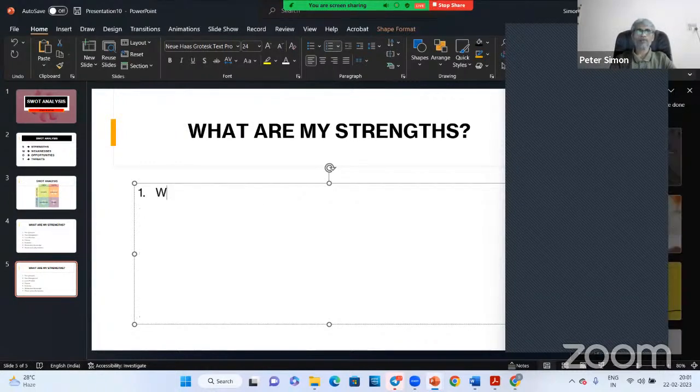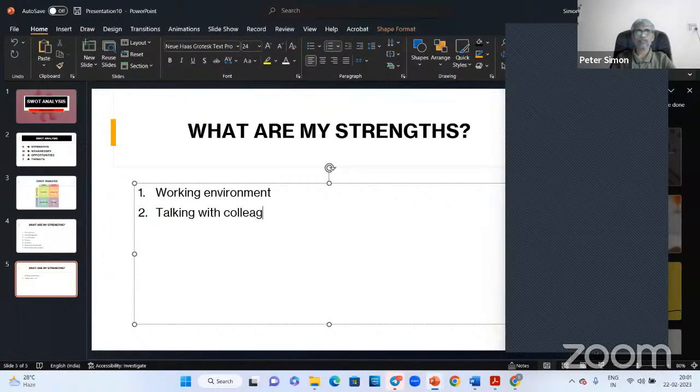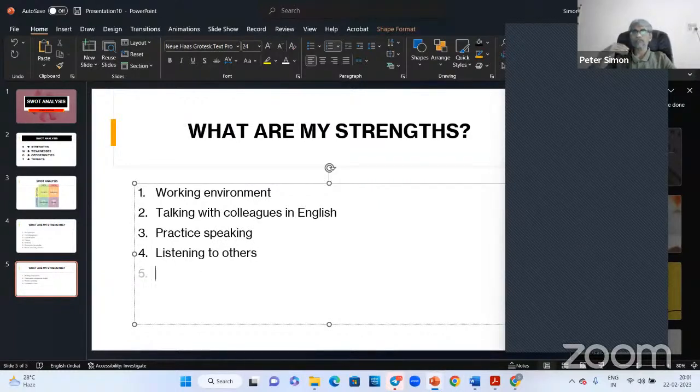So you're talking with colleagues in English. So that is one strength. Practice speaking, listening to friends, listening to others.